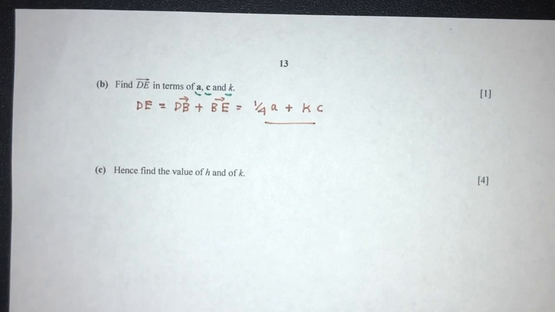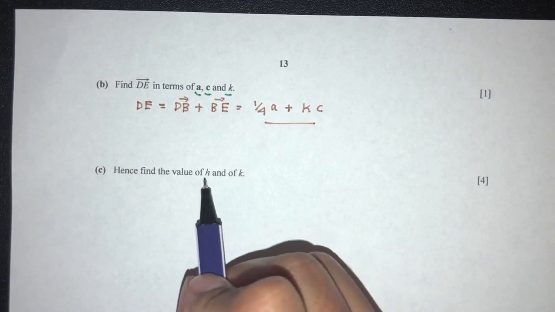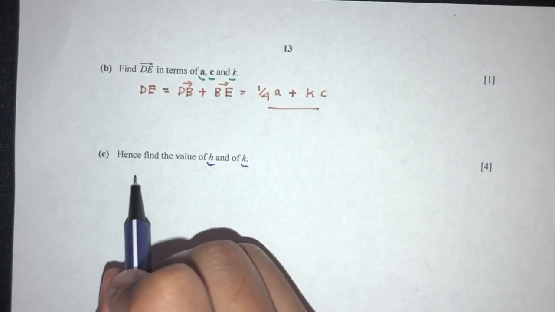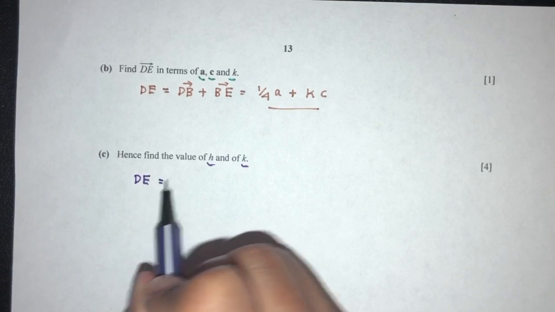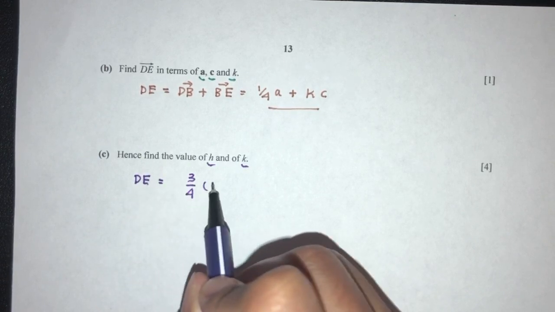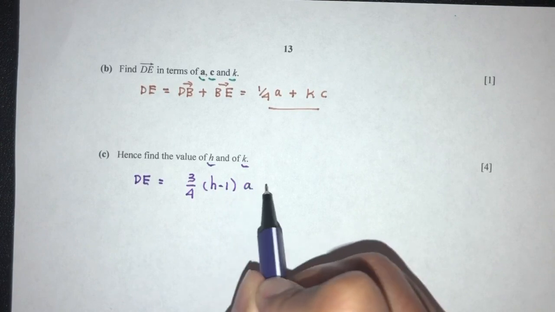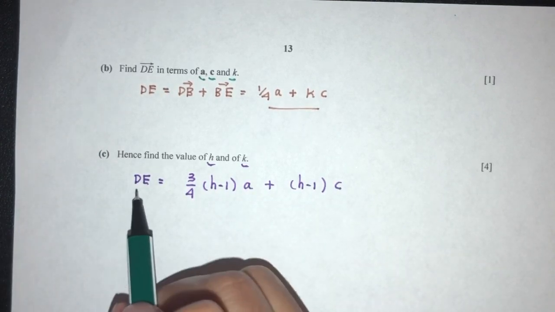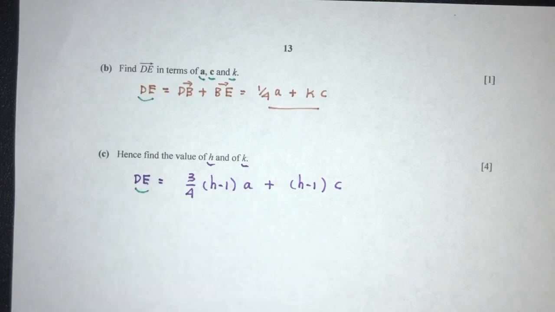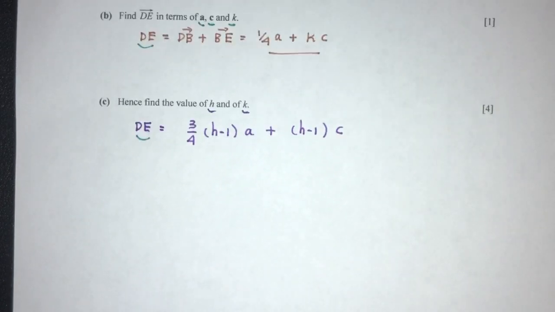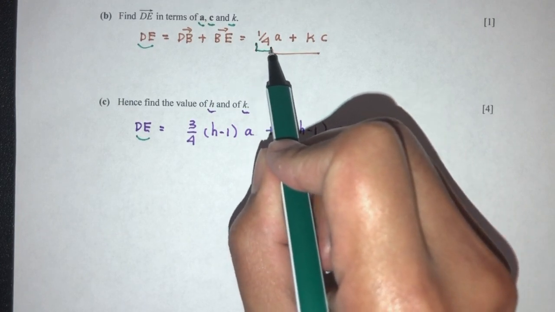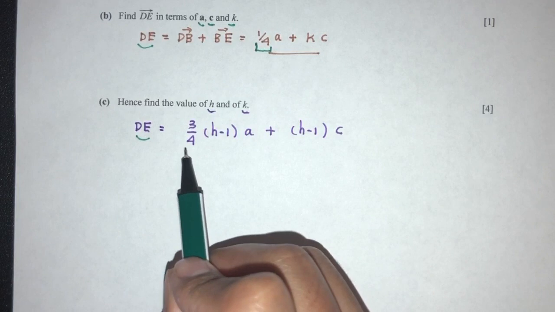Let's move on. We have to use that to find the value of H and K. Pretty easy. From part A, we realized that DE was found to be 3/4 H minus 1 A plus H minus 1 times C. But we understand that DE is the same as this DE, so we can equate and compare. By comparison, in front of A we have 1/4, and in front of A we have this.